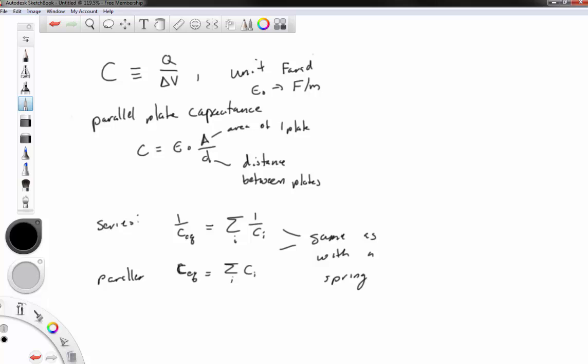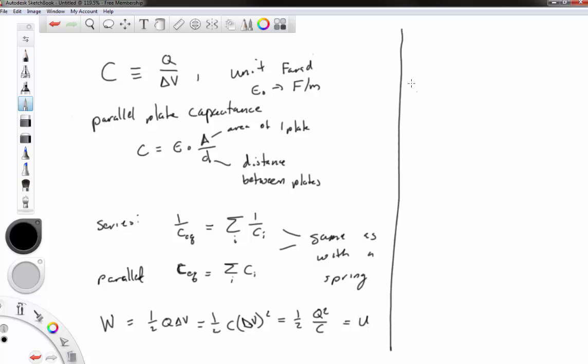Then we looked at energy stored by a capacitor and noted that the total energy stored is given by the amount of work that it would take to move a single charge from one plate to the other. And that amount of work is given by 1/2 Q delta V, or 1/2 C times delta V squared, or 1/2 of Q squared over C. And we learned a new definition, therefore, which was energy density.